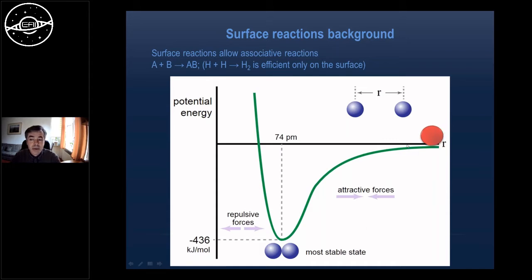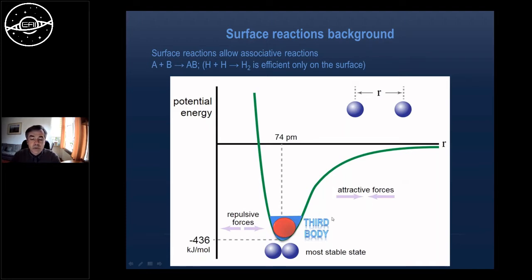The situation changes when we have a third body, which I show here artistically as some liquid, but it doesn't matter. In this case, the system would come to this position, the molecular hydrogen would form, the energy would be lost by dissipation to the third body, and the chemistry would lead to the formation of H2 molecules.